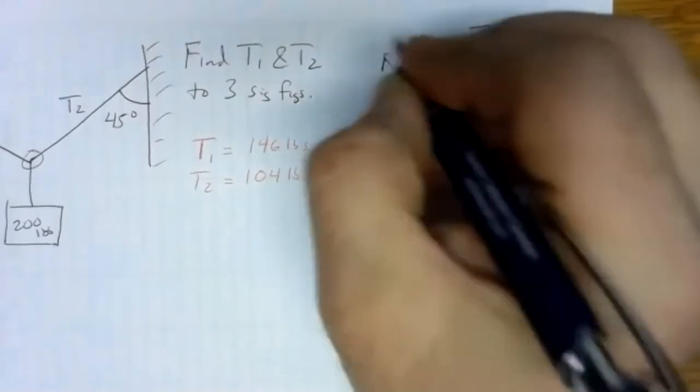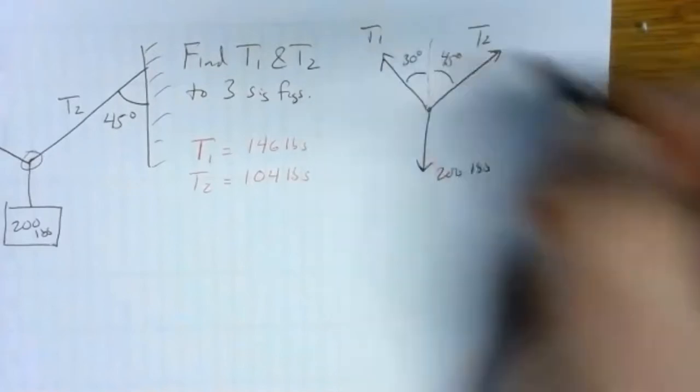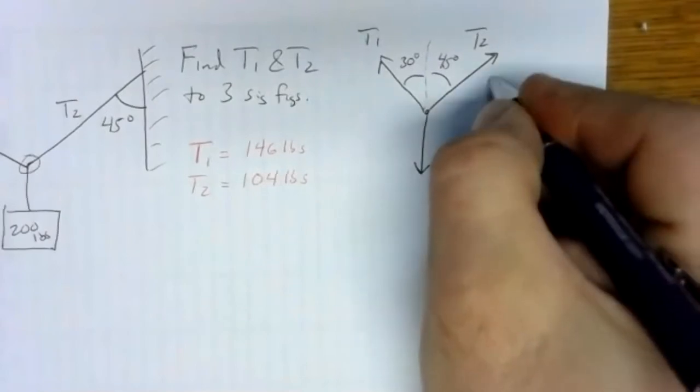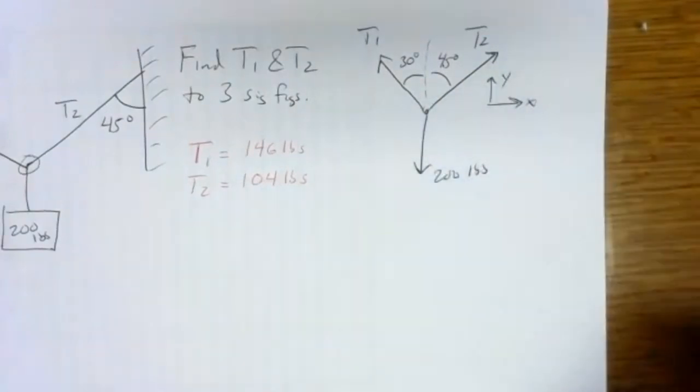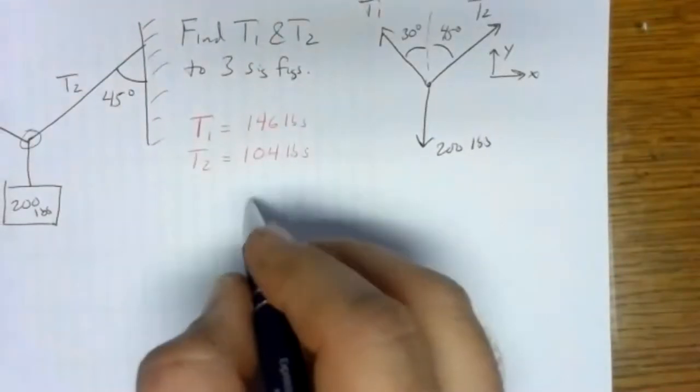And then we've got T1 over here, 30 degrees. Define our coordinate system: to the right, positive x, and up, positive y. So there's our free body diagram. And we'll go ahead and get our sums.